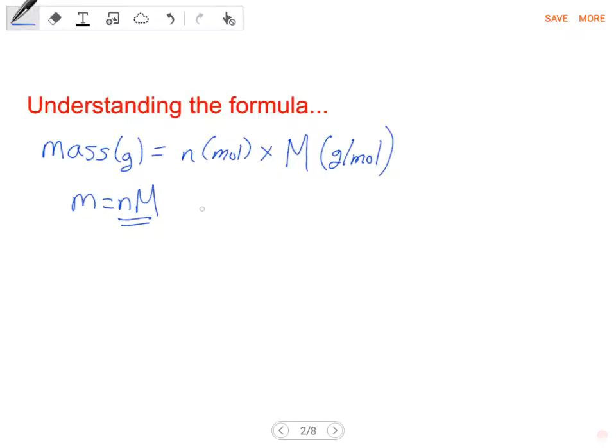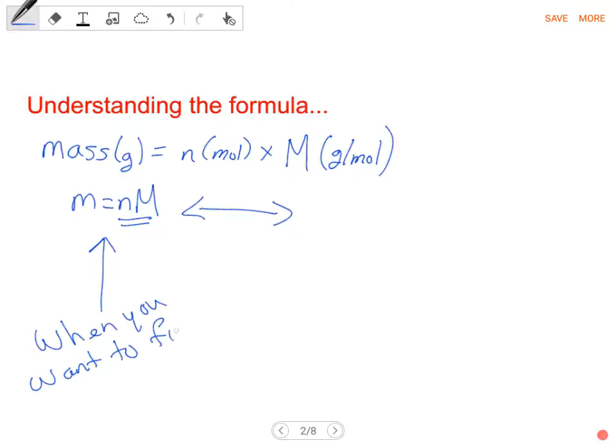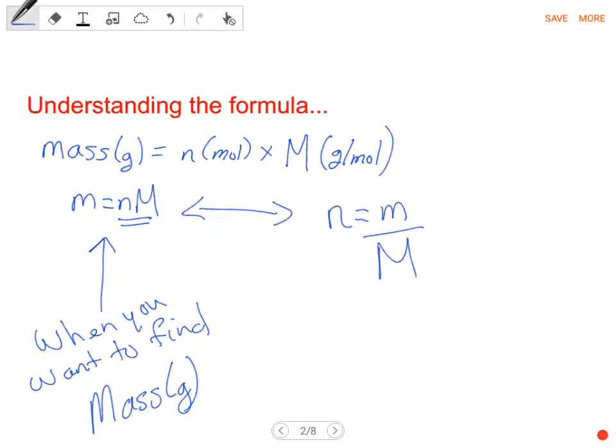There is another derivation of this formula using algebra. Some people use a triangle method. I'm not going to do that. When would you use this first form? You would use this when you want to find mass in grams, since that's what's isolated. The other derivation of this formula is n equals mass divided by molar mass.